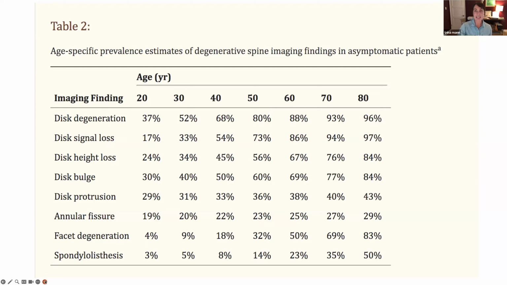So again, I think that this is just a very fascinating study because it starts to get us to think about, well, if it's not solely these disc herniations or presence of facet degenerations that are causing our pain, what is?